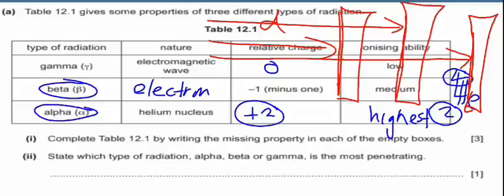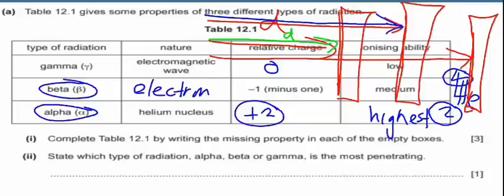So the first one, which I'm going to draw in a green color, is representing the alpha, which can be stopped by a sheet of paper or plastic. Then the next one, which I'm going to draw in a blue color, is representing the penetration of beta.